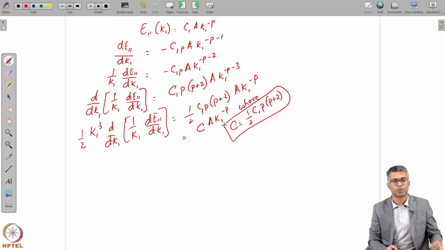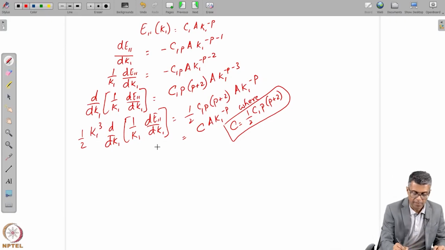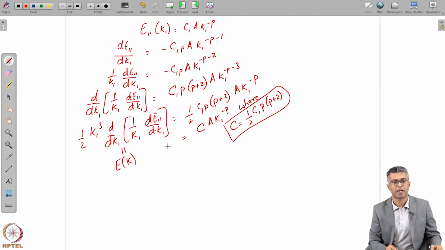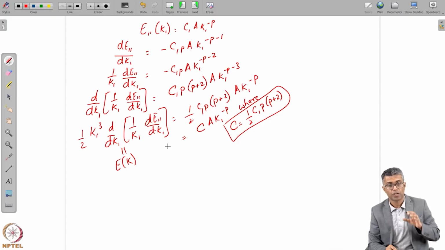So that is my function for E of kappa, the energy spectrum function, C A kappa 1 to the minus P. I hope this is clear. So I just derived, using E11's equation, something for E of kappa.